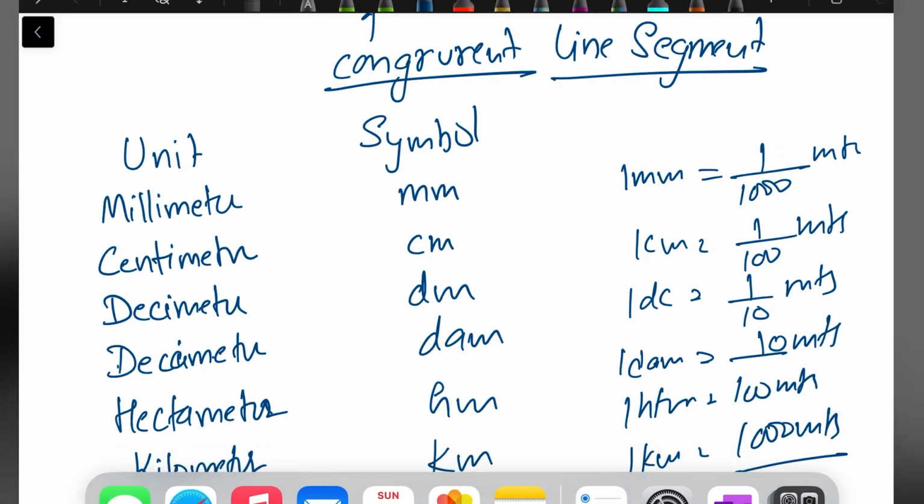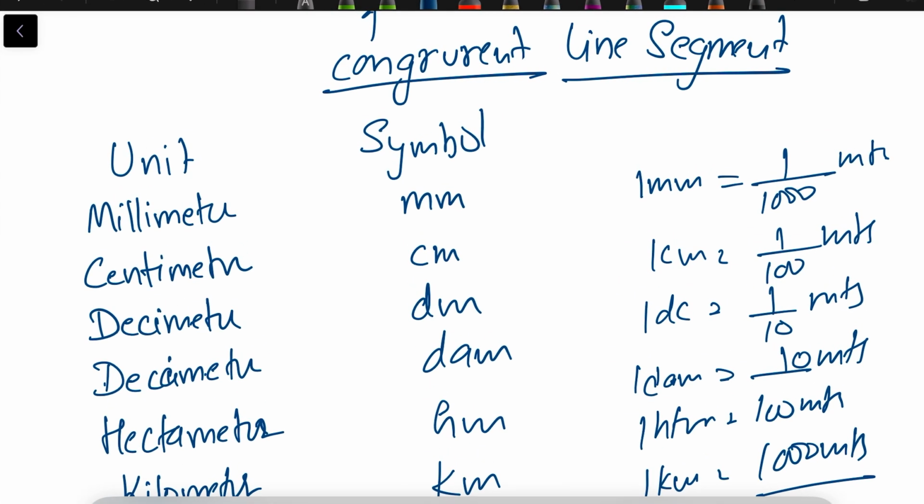Okay, so you should have this table in your mind.